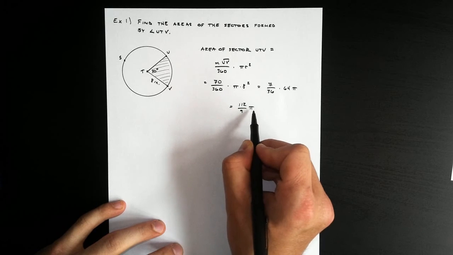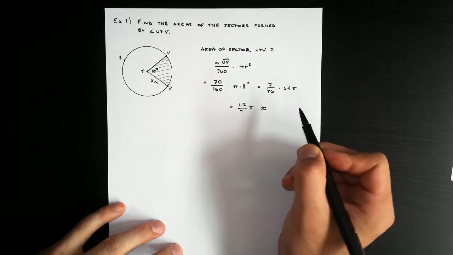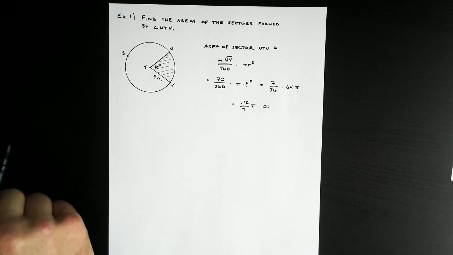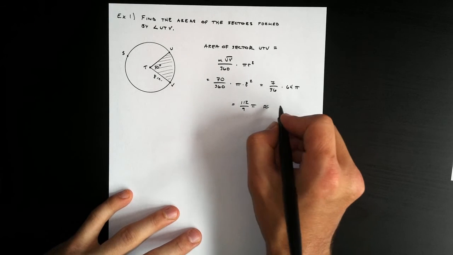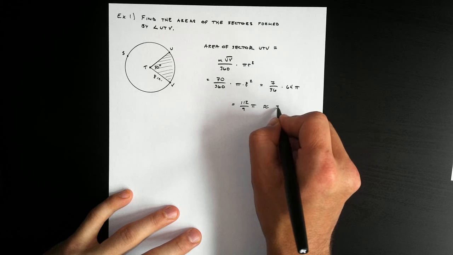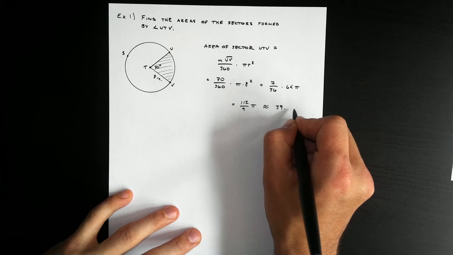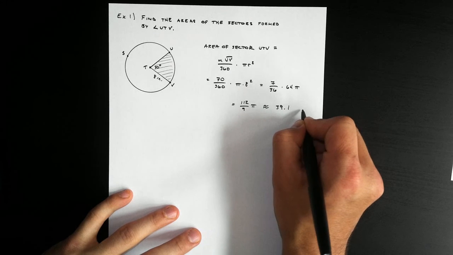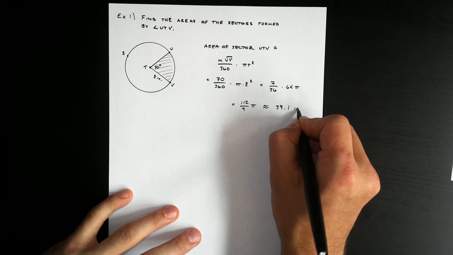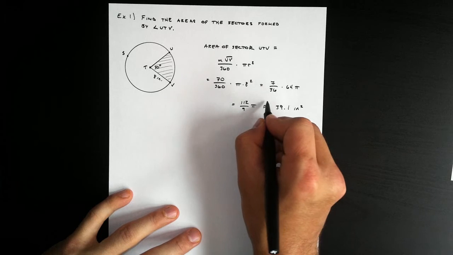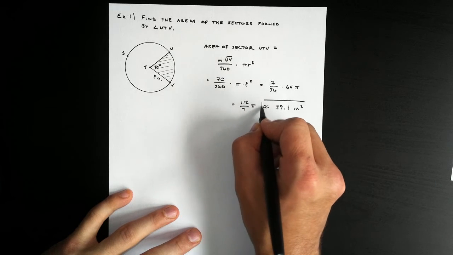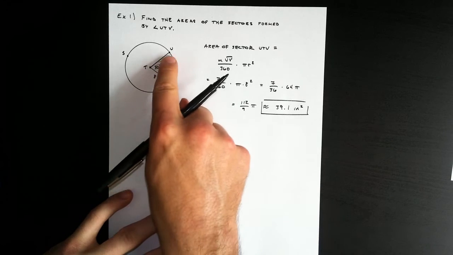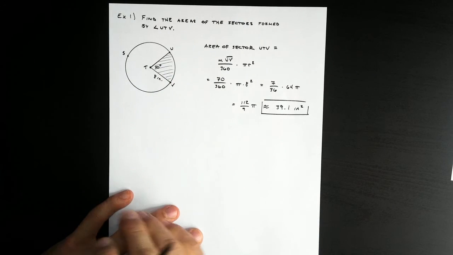So that would be the exact area of the sector. And then if I get a rounded answer, we get the area is about 39.1 inches squared. All right, so that's the area of this sector here.